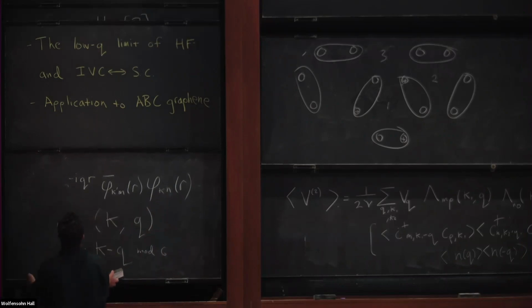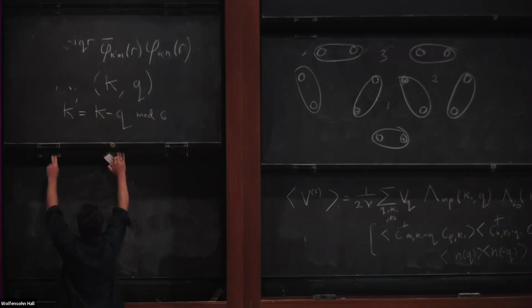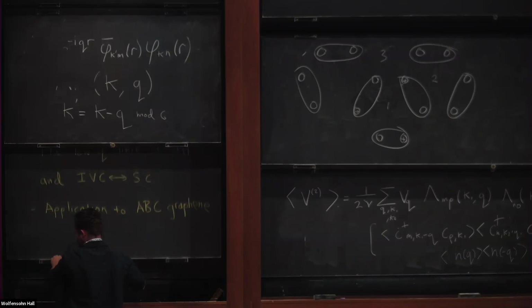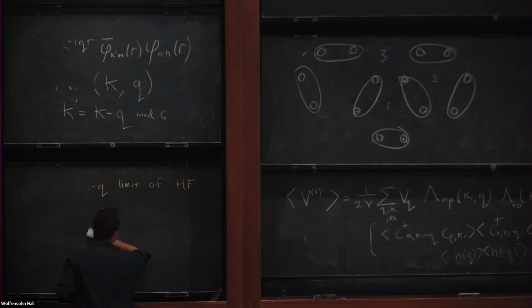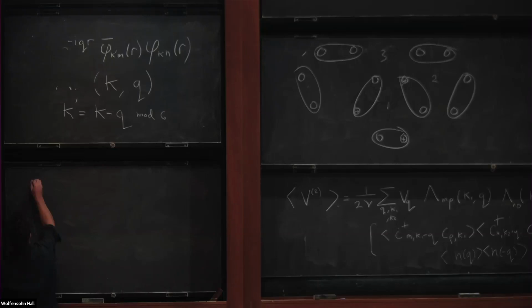So how does the form factor relate to band geometry? Well, the limit I'm going to focus on is q goes to 0, because we'll soon see that it's dominated by this part of it.